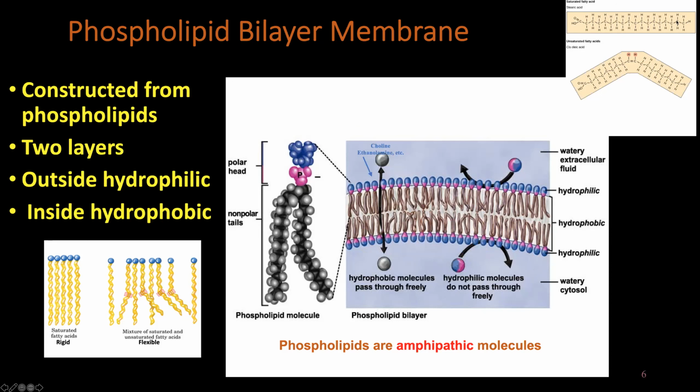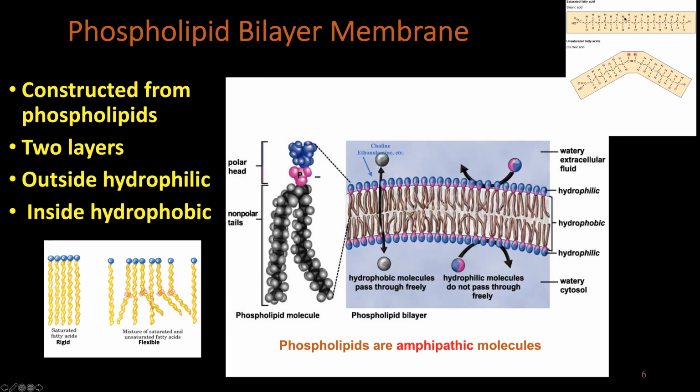And just to remind you about what a phospholipid looks like, it has these hydrophilic heads and then these long hydrophobic tails that can be either saturated, in which case they're stiff and rigid, or unsaturated, which means they have flexibility, they can move around.